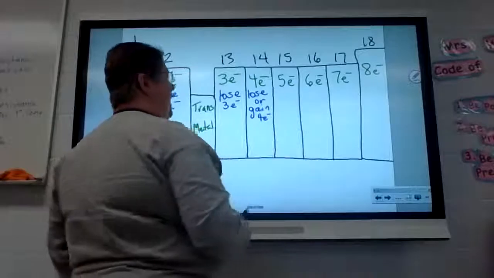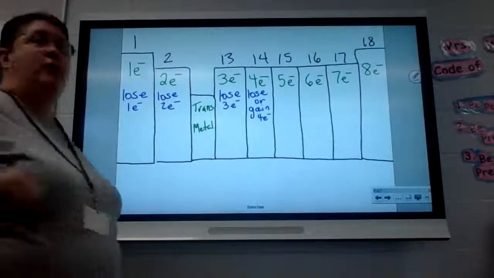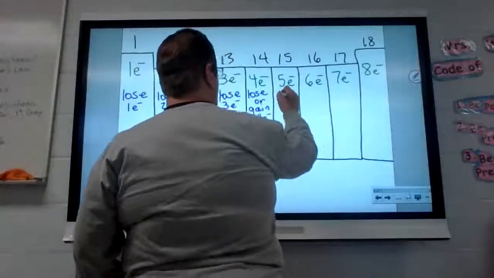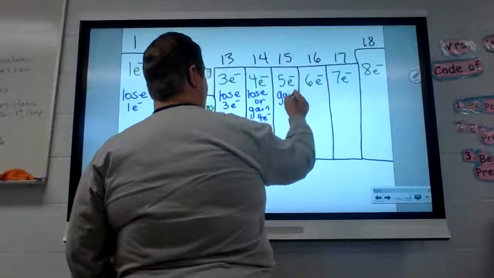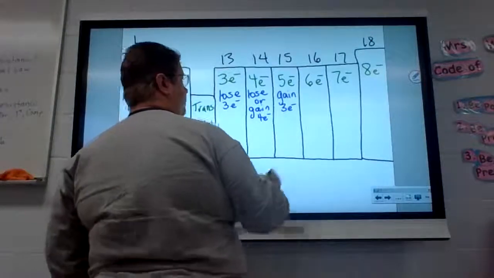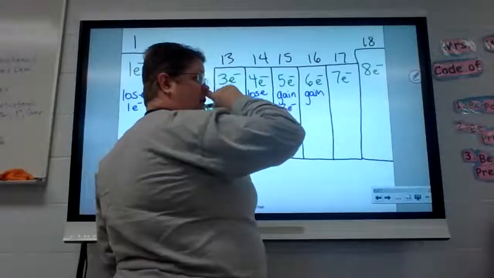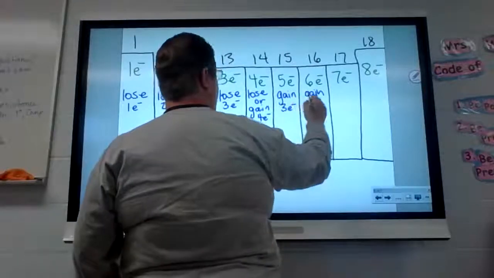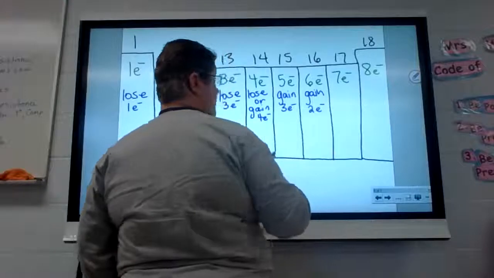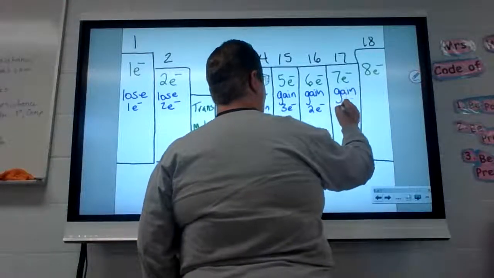Now, once we hit the halfway mark, what happened when we got to group 15? It could gain. All right, how many did it have to gain? It would gain 3 electrons. What did group 16 do? Not quite. 6 plus 1 is only 7. It would gain 2 electrons. What happened in group 17? It would gain 1 electron.